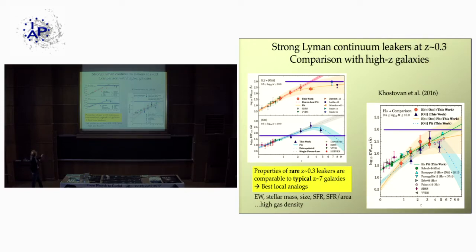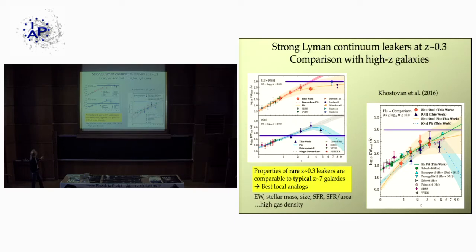As you can see, at redshift 0.3 the normal value is very low. So our galaxies are really freaks, extreme rare galaxies in the local universe, but all the properties we've measured from those galaxies indicate that these properties are typical for those of high redshift galaxies.